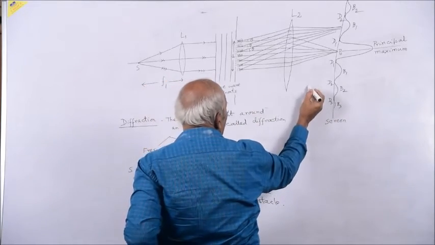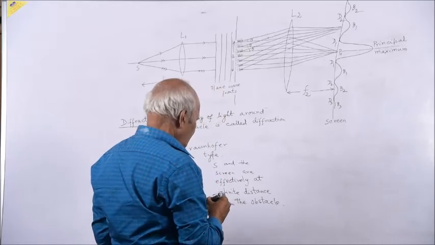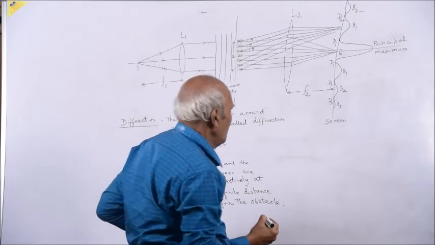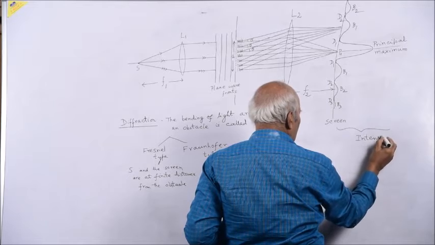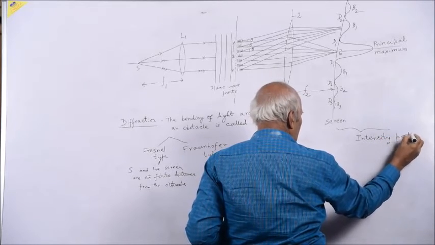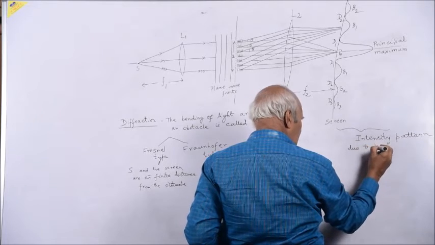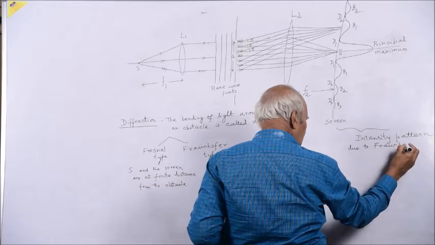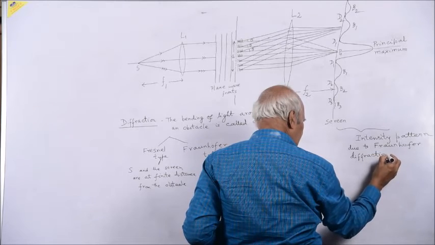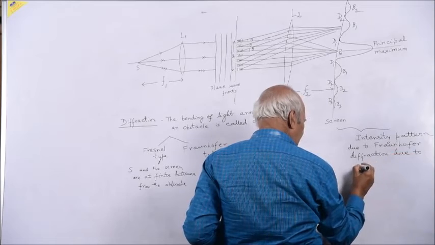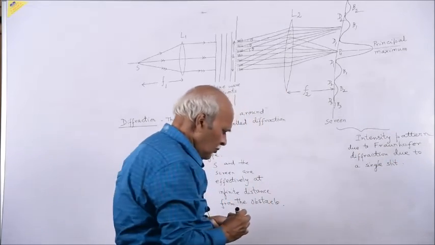So, this is the experimental arrangement by which you can observe the diffraction due to a single slit, and this is the intensity pattern due to Fraunhofer diffraction due to a single slit.